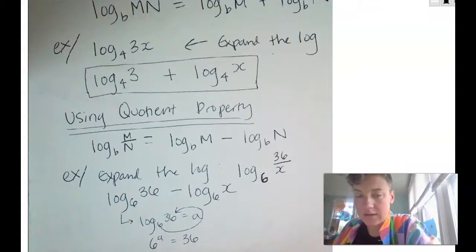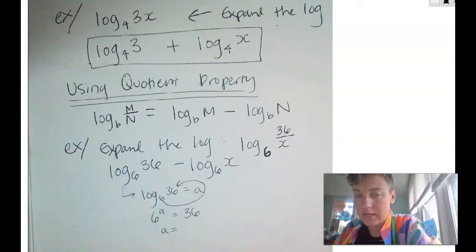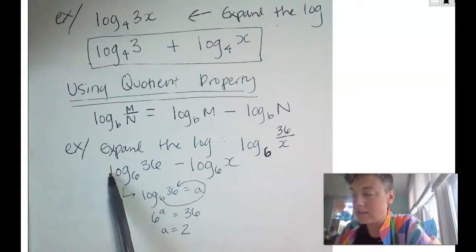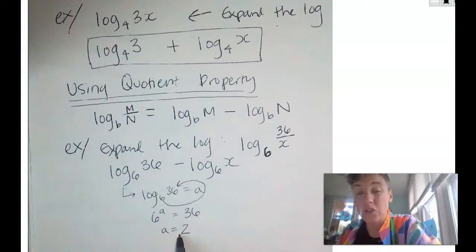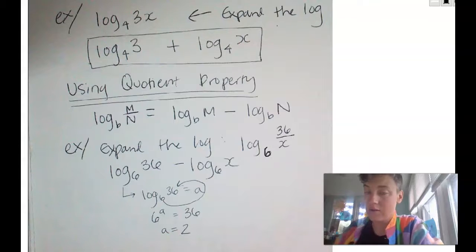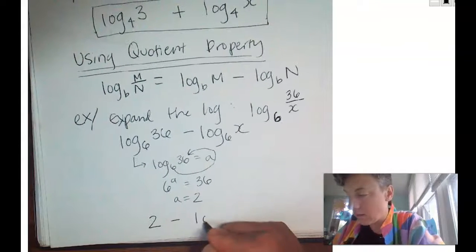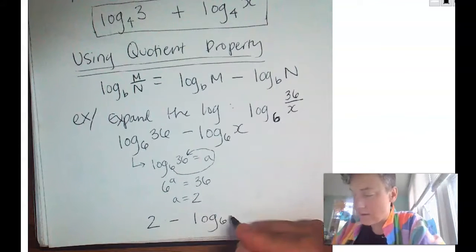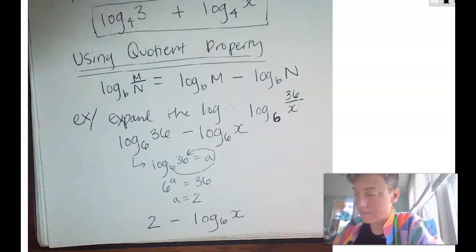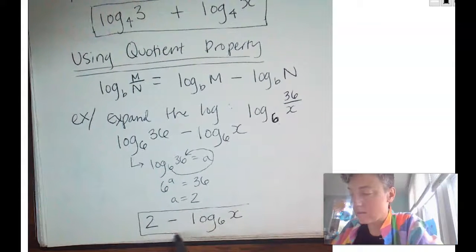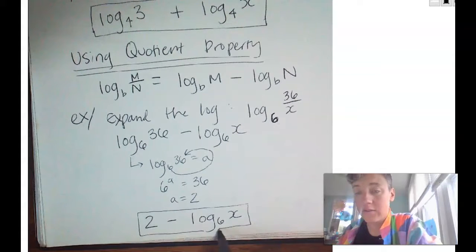So a here would be 2. So log base 6 of 36 is 2. So this could be written as 2 minus log base 6 of x. And I like that one best because it looks the simplest. So I'm calling that my final answer.